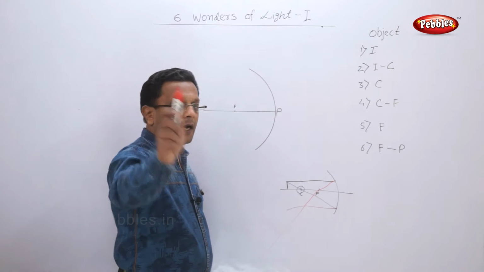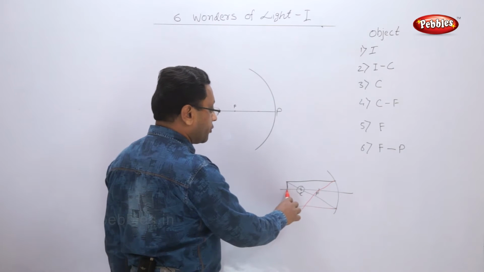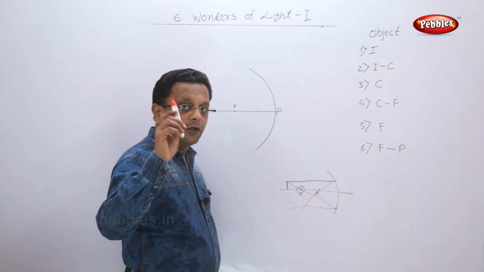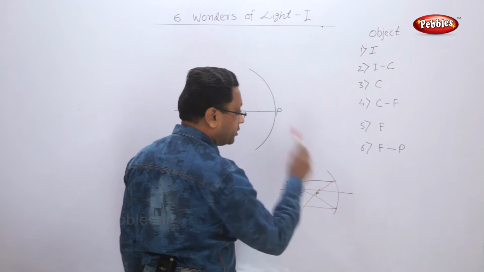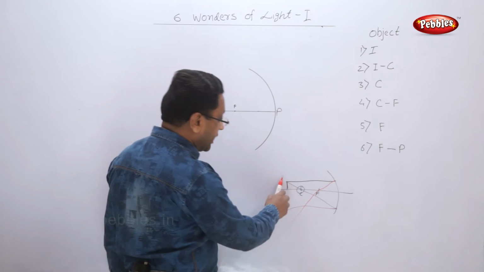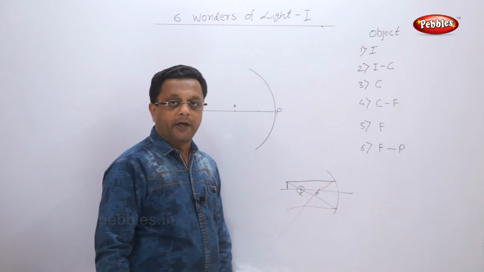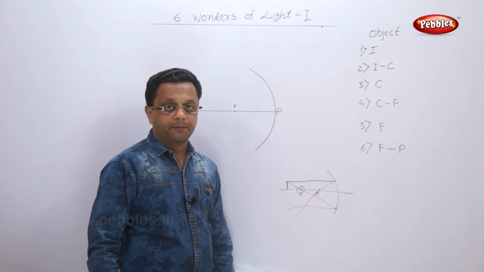I am telling you again. From the object, always draw only two rays. One will be parallel to the principal axis, the second will pass through the nearest point, and incident on the concave mirror.